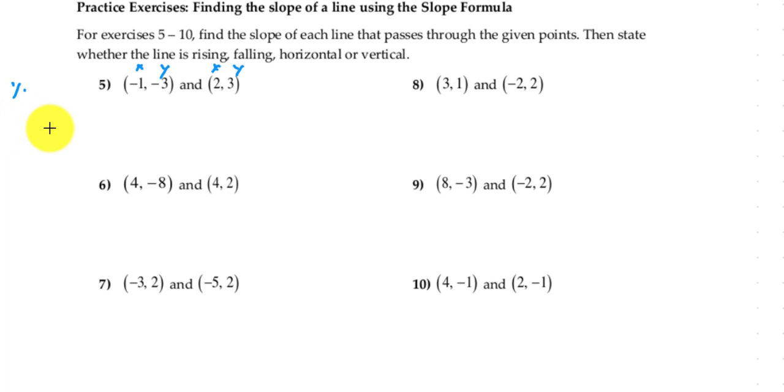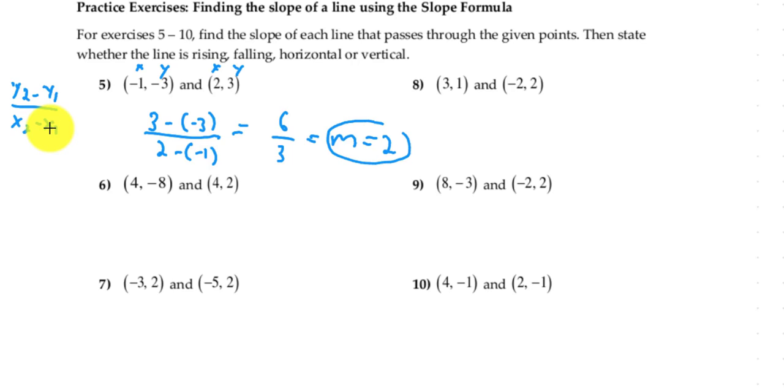I know the definition for slope is y2 minus y1 over x2 minus x1. So that's 3 minus negative 3 over 2 minus negative 1. So this becomes 6 over 3, which equals 2. So my slope, or my m, is equal to 2.